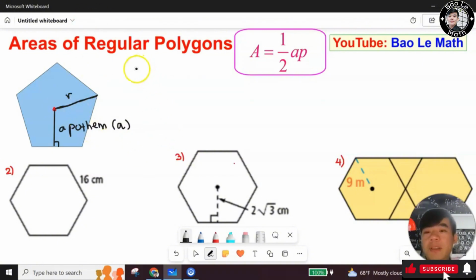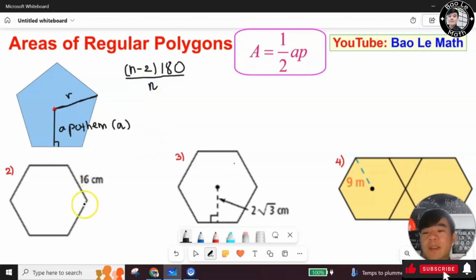Now recall the sum of all angles in a regular polygon is calculated using the formula n minus 2 times 180. And if you calculate the measure of one angle in a regular polygon, you need to divide by the number of sides, so divide by n.